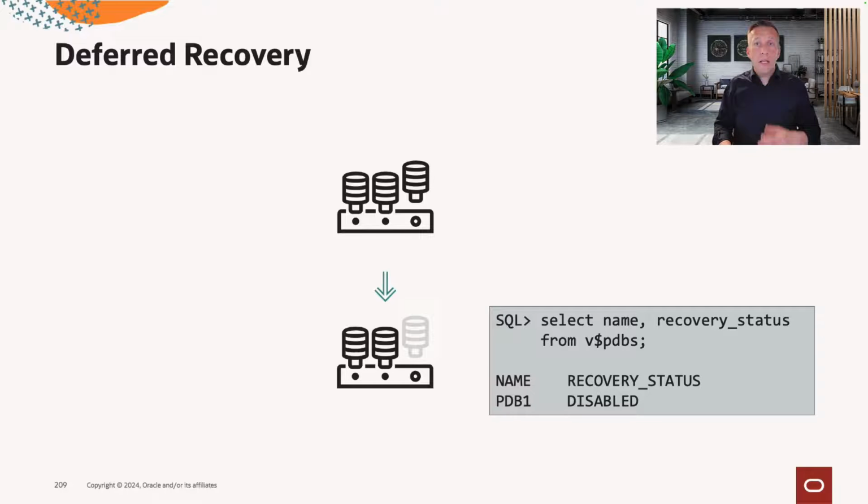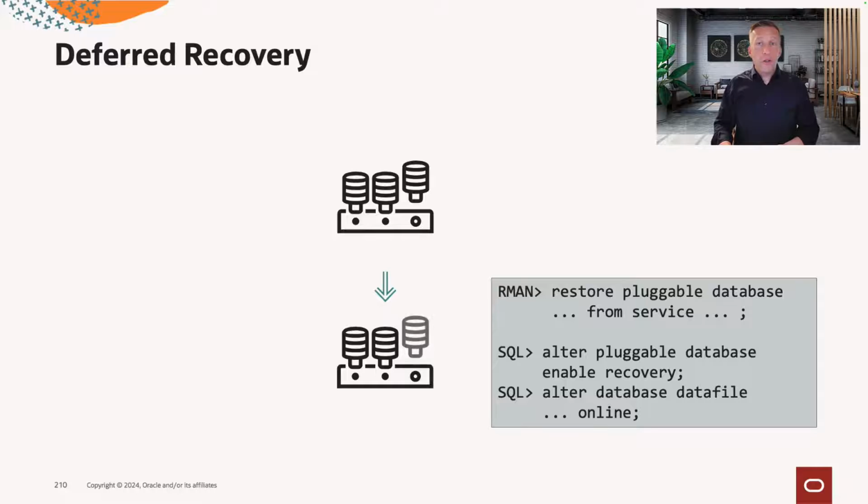This means that the MRP process will not attempt to recover any of the data files on the standby database. First, you need to restore all the data files from the primary database. You need to enable recovery and online the data files. Not until you've done that will the standby database protect that PDB.